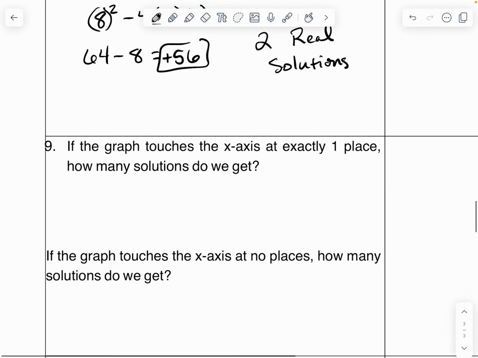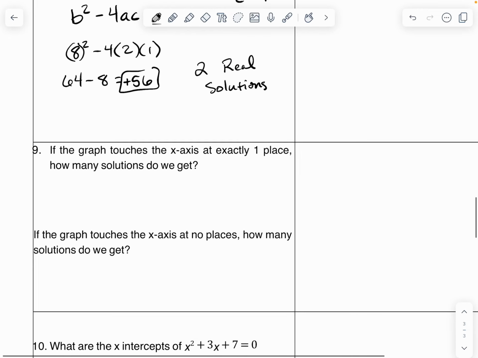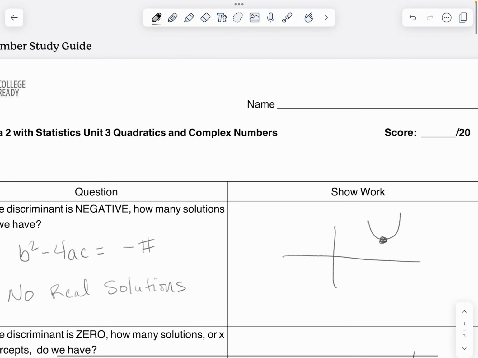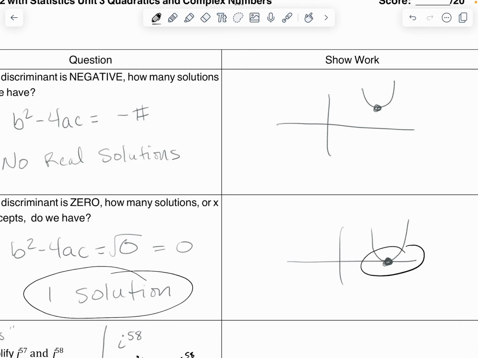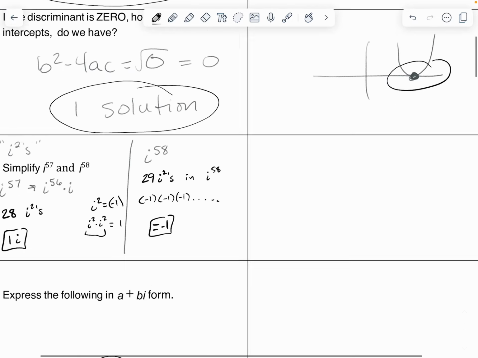Last two right here, 9 and 10. So if the graph touches the x-axis at exactly one place, how many solutions do we get? I've already explained this in number 1. So if we touch the x-axis in exactly one place, we get one solution. Okay, and if we don't touch the x-axis, we get no real solutions.